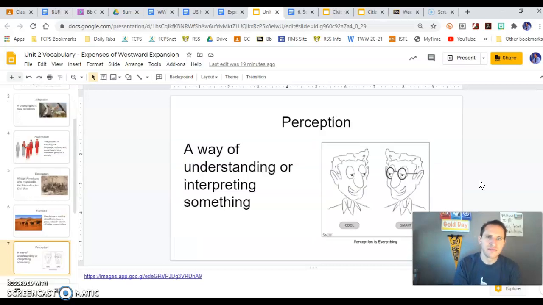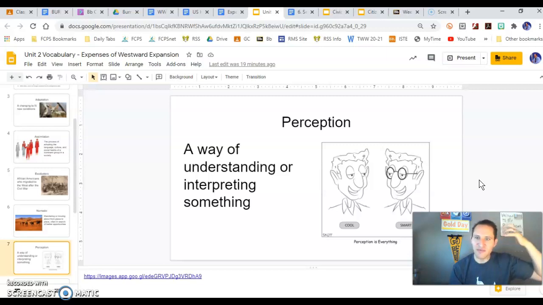All right, the next one, perception. It's a way of understanding or interpreting something. You can look at this image and see the different perception there. But with perception here, we're looking at what's going to happen to the West. What were we originally perceiving it as? It's this kind of land that we're unsure about.